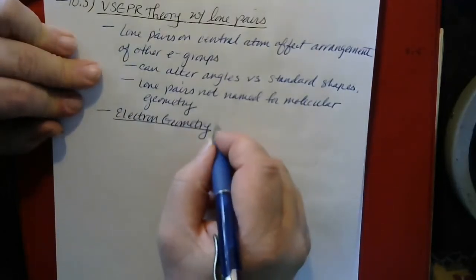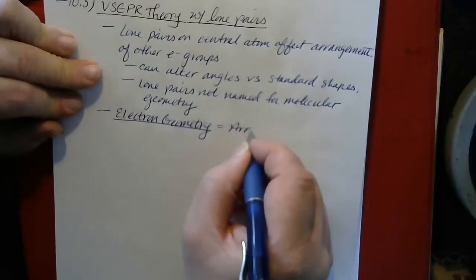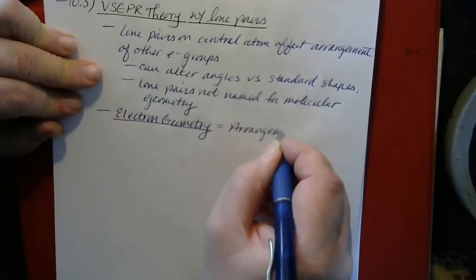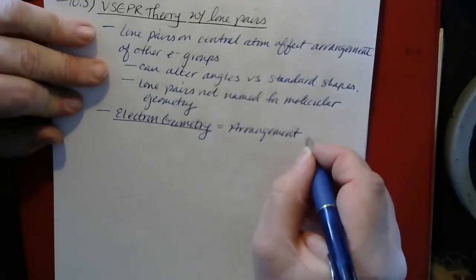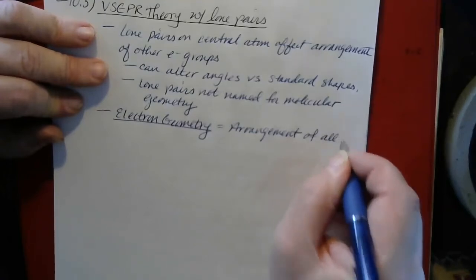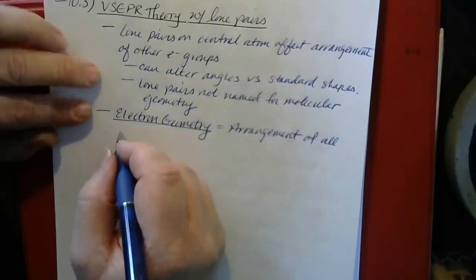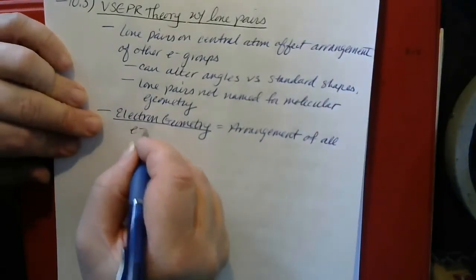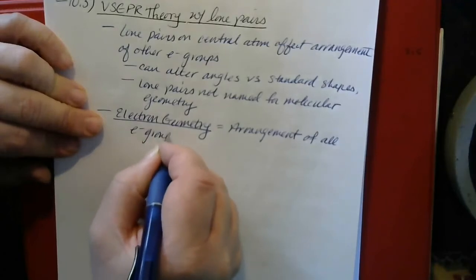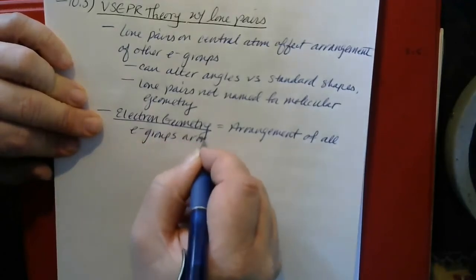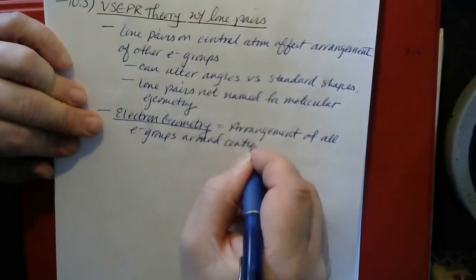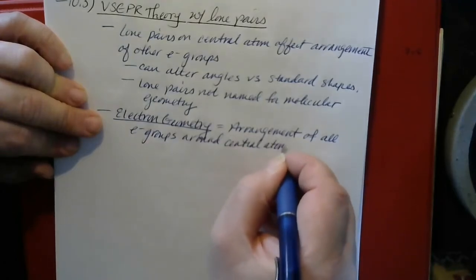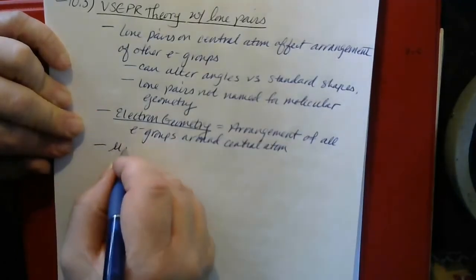Electron geometry. And that's based on the arrangement of electron groups, all electron groups, around the central atom. And then there's the molecular geometry.